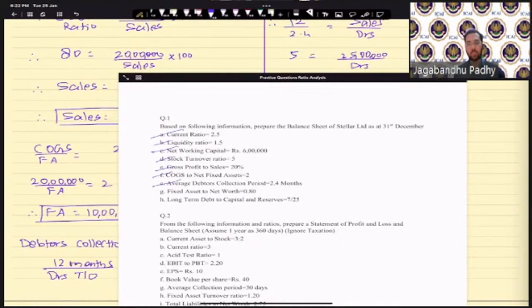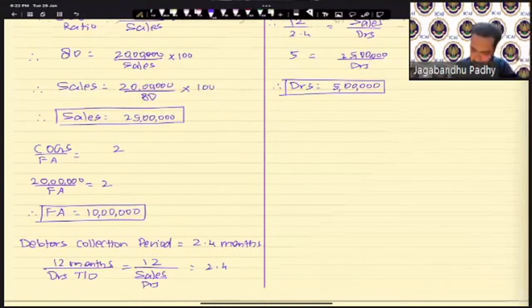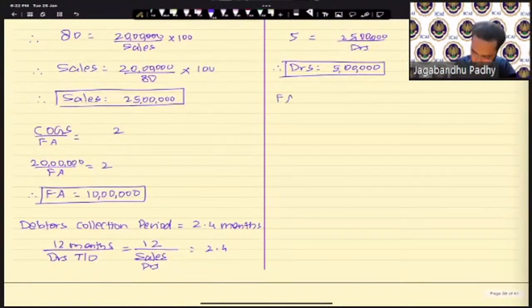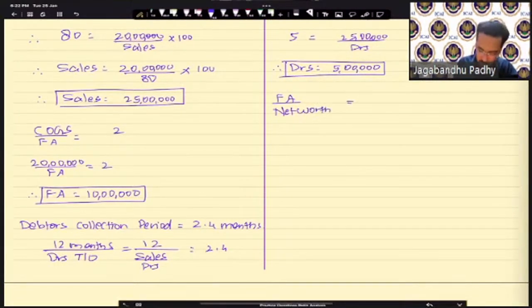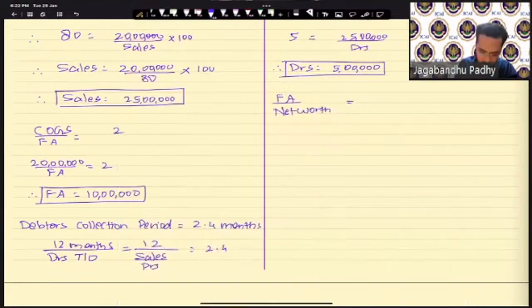Now, next thing is we have to use fixed asset to net worth. This ratio is given to be 0.8. So fixed asset is, anyways, we have computed it to be 10 lakh. So fixed asset 10 lakh divided by net worth, which we don't know, is 0.8.